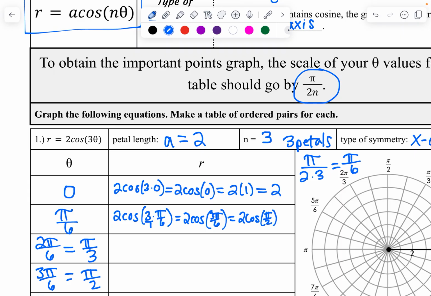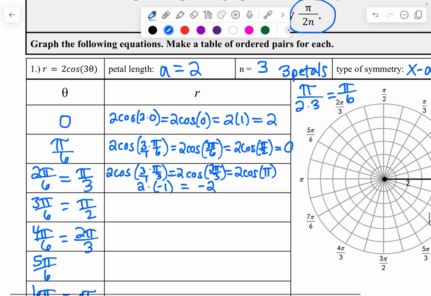We know the cosine of pi over 2 is 0, so this is just 0. If we plug in pi over 3, 2 times the cosine of 3 times pi over 3, we end up with the cosine of 3 pi over 3, which equals the cosine of pi. We know that the cosine of pi is negative 1, so 2 times negative 1 gives us negative 2 for our r value there.